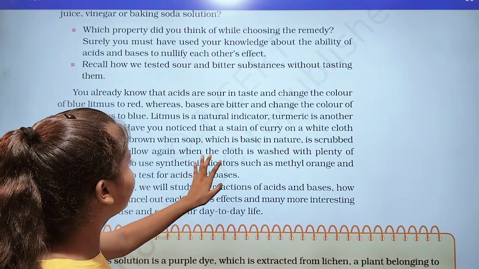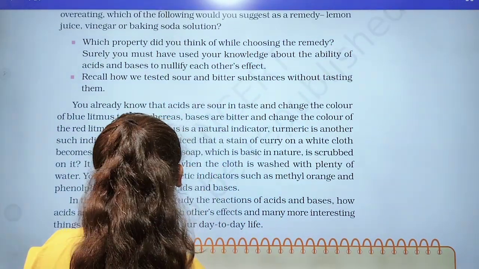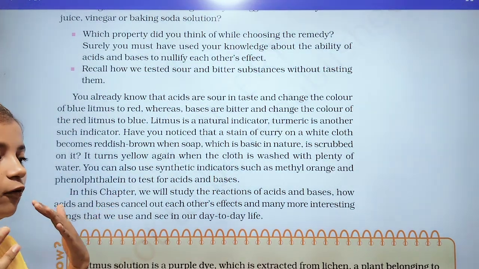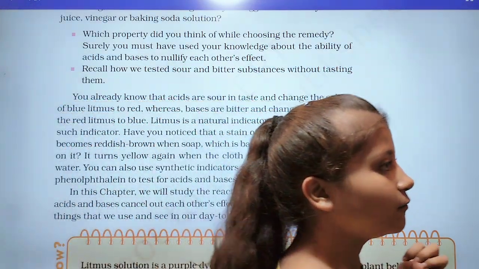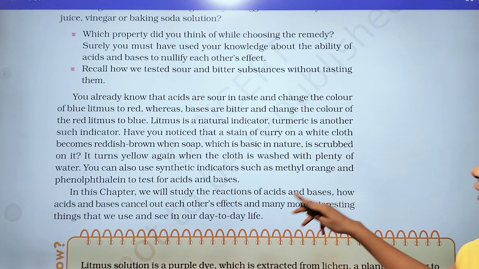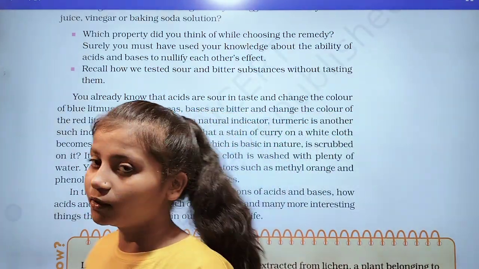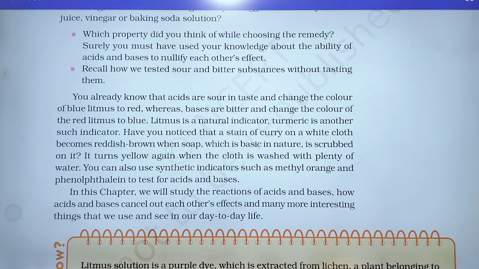It turns yellow again when the cloth is washed with plenty of water. So with water it turns into yellow color, but when we rub it with soap, it turns into a reddish color.